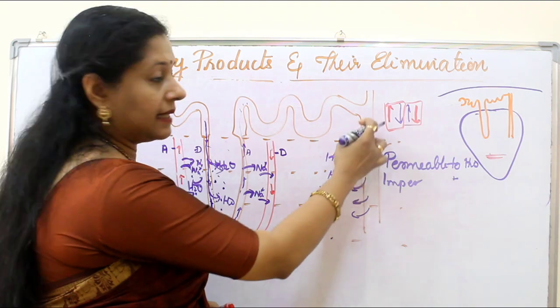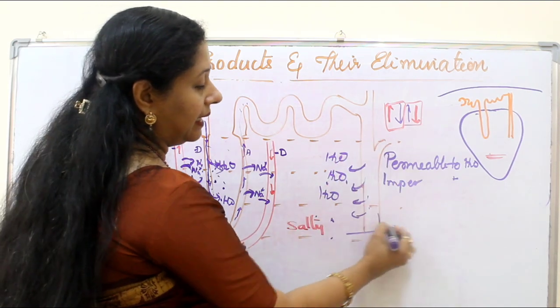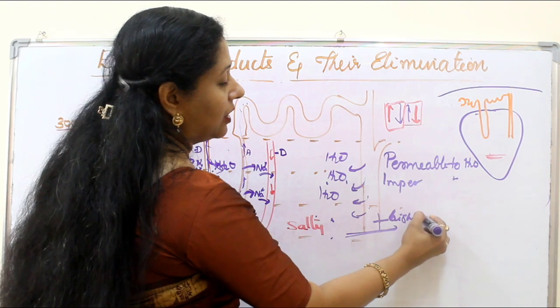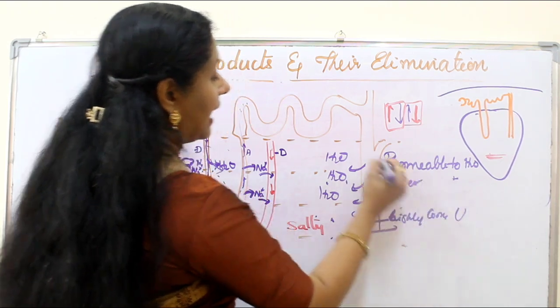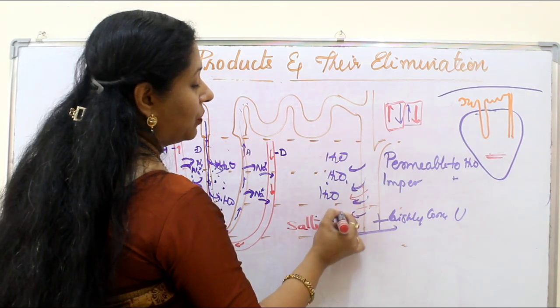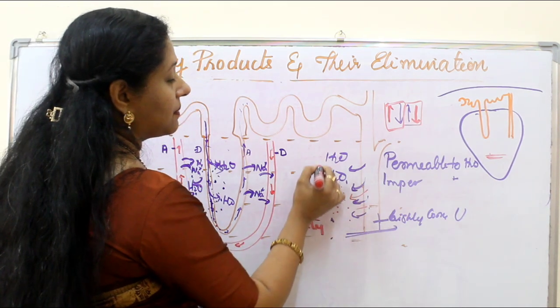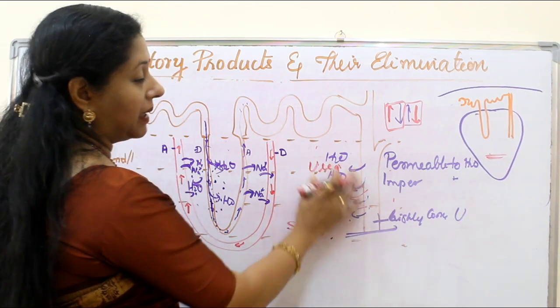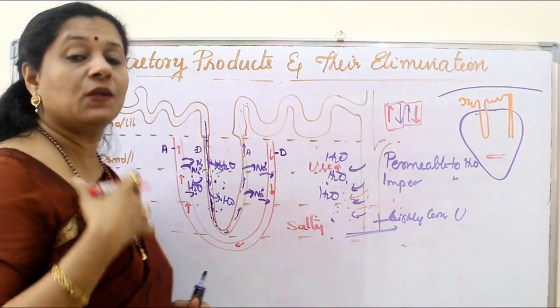Okay. And as a result, towards the end of the collecting duct, what will happen? It becomes highly concentrated urine. And what else will also come out? Some amount of urea, because for water to come out, this part also should be highly concentrated. So urea also will be coming out, but we know urea is a waste which we need to excrete.